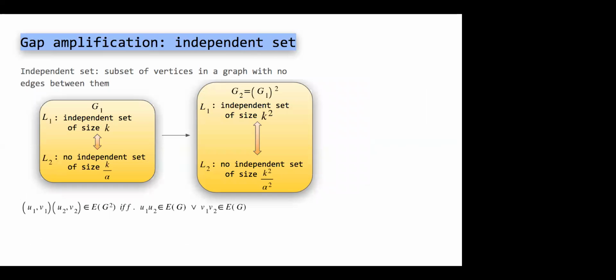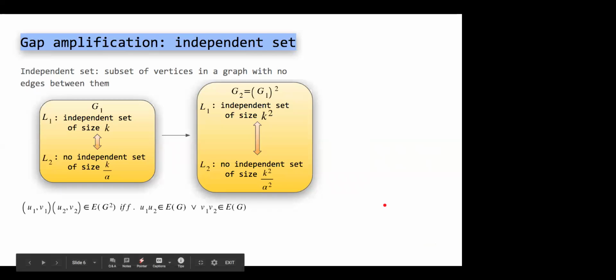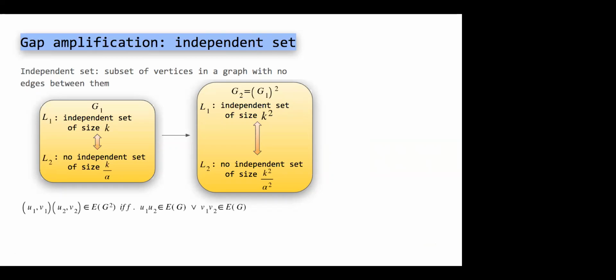So let us take a look at what would happen if we tried to make such a trick with the independent set problem. Oh, by the way, I didn't say that, but if something is unclear, then feel free to interrupt me during the talk. So for the independent set, we can consider a self-reduction in which we increase the gap in such a way. We take a square of a graph.